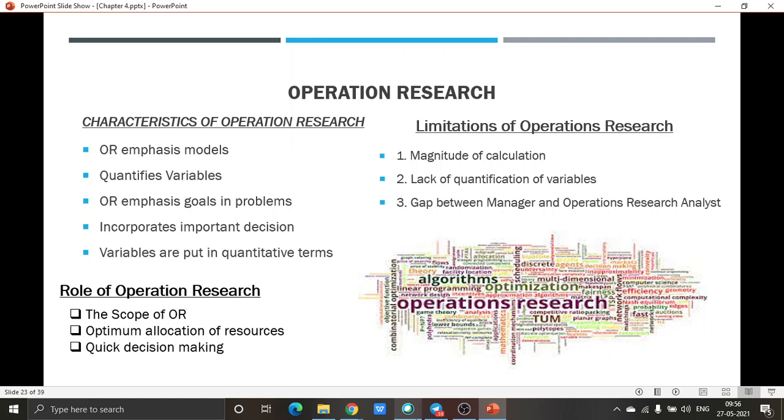So, they had to come up with ways in which they could use minimum resources as possible and thereby come up with a better result. From there, operational research started to develop.